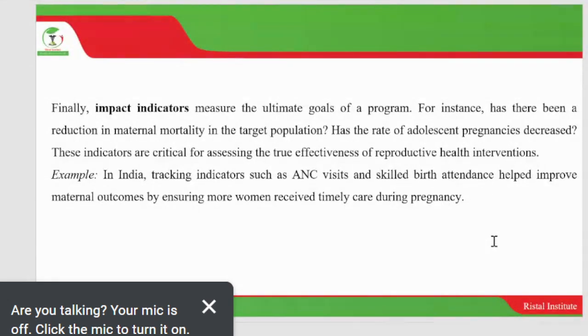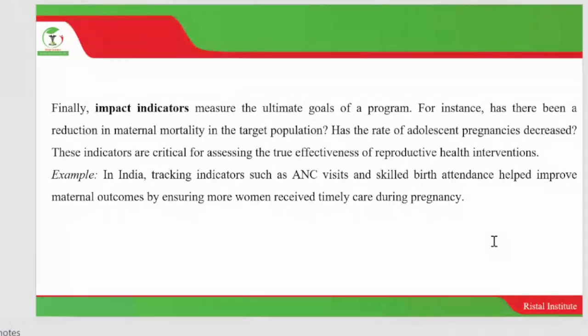For example, in India, when you're tracking indicators such as antenatal care visits and skilled birth attendance, you're able to improve maternal outcomes by ensuring more women receive timely care during pregnancy.